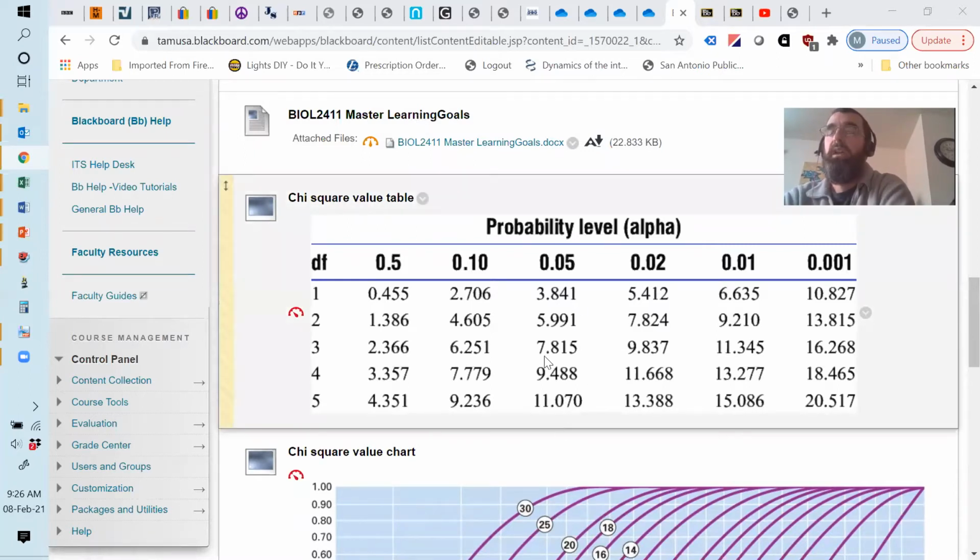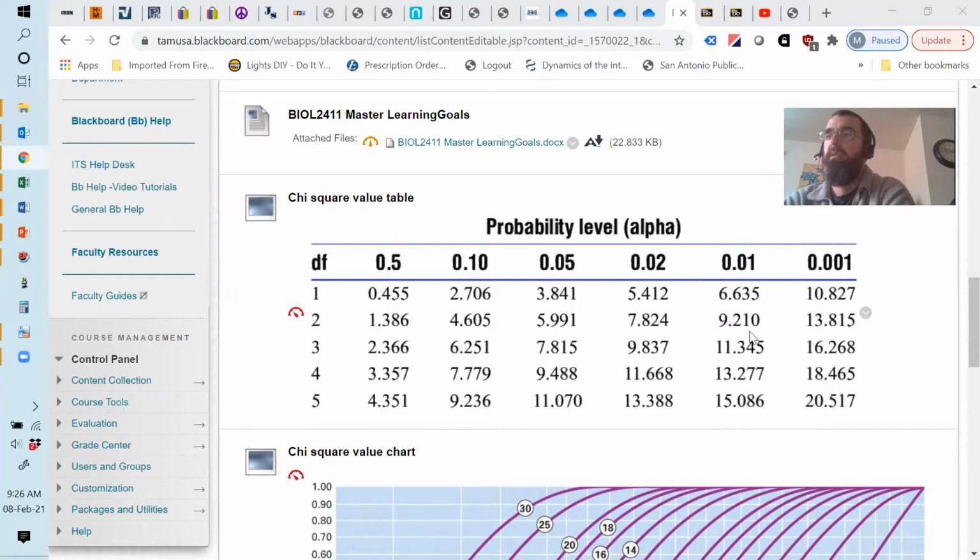And so if our data fit well, then we'd expect a chi-squared value smaller than this. Okay, so given our degrees of freedom of 3, what is our chi-squared value?